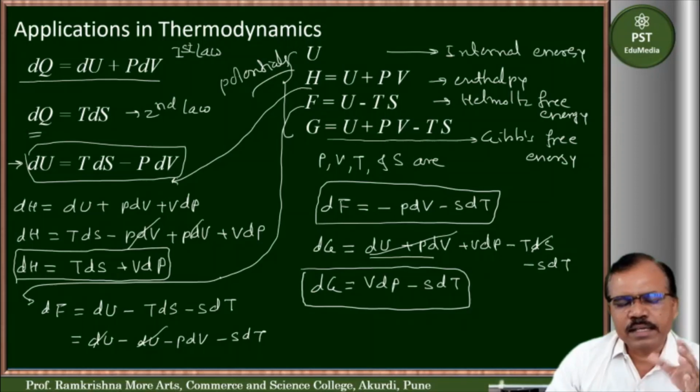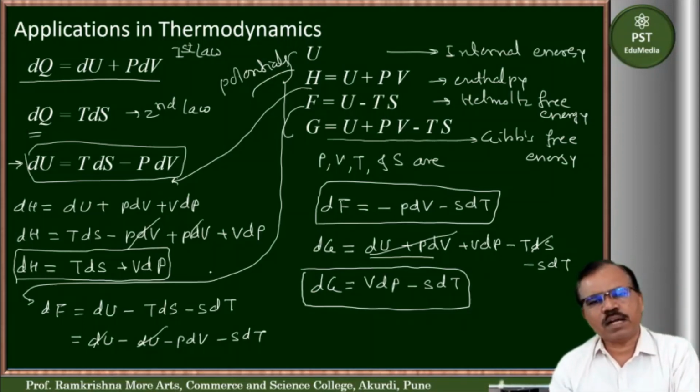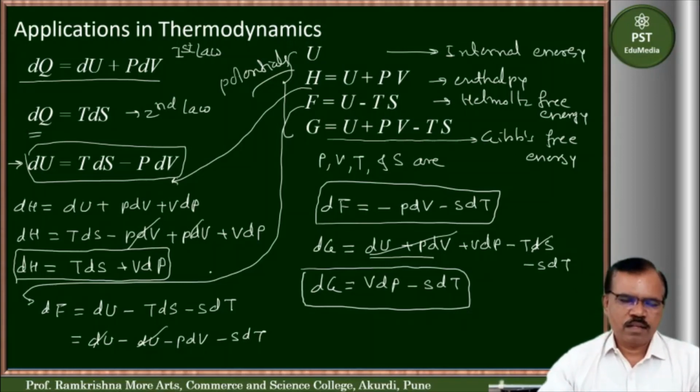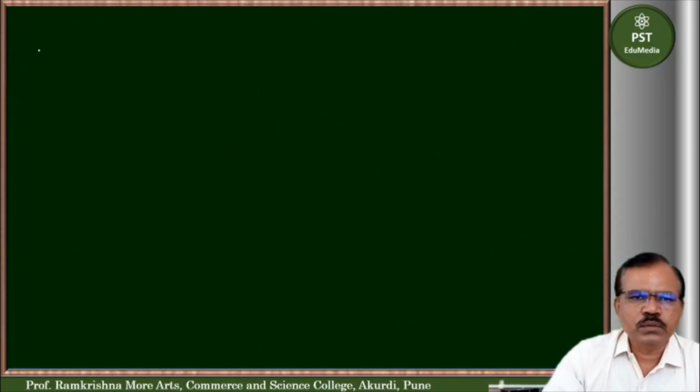Now we want to check whether they are exact differentials. If so, then we can use the condition that ∂M/∂y is equal to ∂N/∂x. So if we take the first one, du is equal to T ds minus p dv.